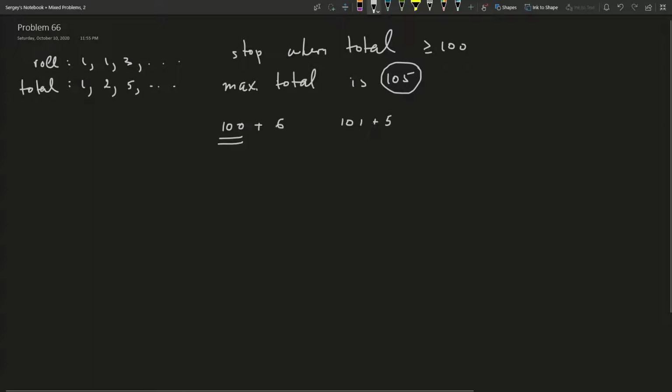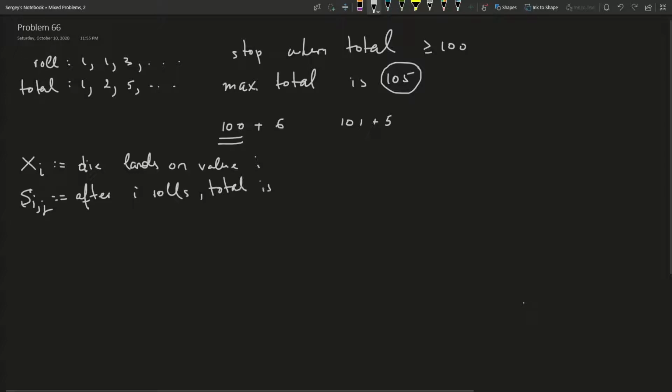So we're going to make a couple definitions here. X sub i will be the event that the die lands on value i, and S sub i comma j is going to be the event that after i rolls, the total is j.